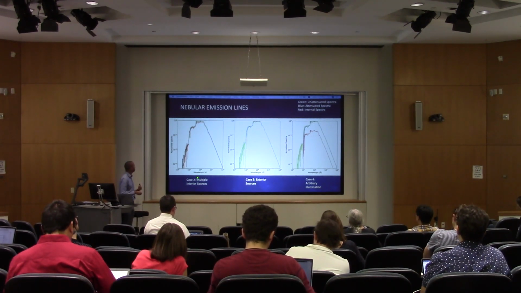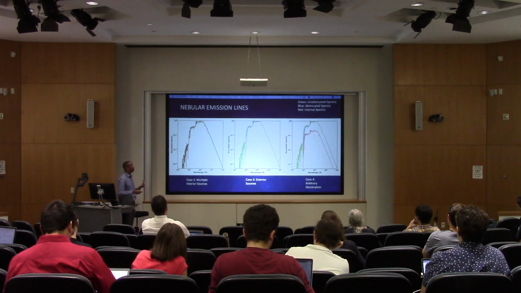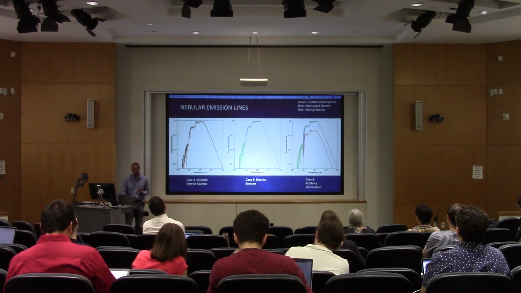When you have multiple interior sources, the ionizing radiation is dominated by the interior sources. If you have only exterior sources, some or most of that ionizing radiation is attenuated. And if you have some arbitrary illumination, you get some mix of this. But it's important to distinguish between these cases.